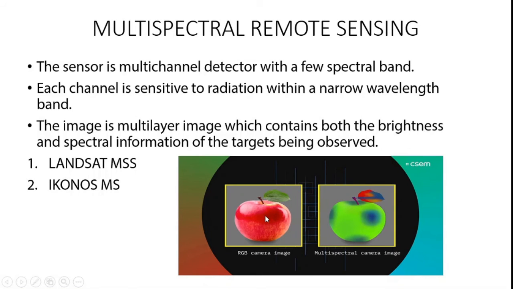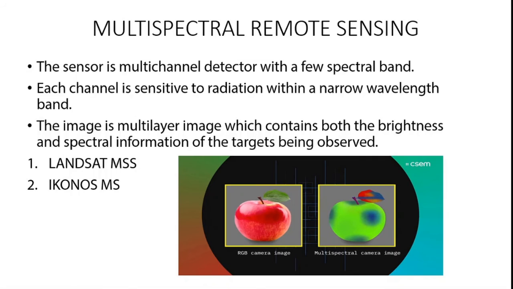But when you take an image in a multispectral camera, you change the band and the RGB is changed into different wavelength ranges, and where there is a plane surface you see a green color, as there is a dark tone it goes to blue color, and thus this is the spectral signature of an apple in multispectral remote sensing.